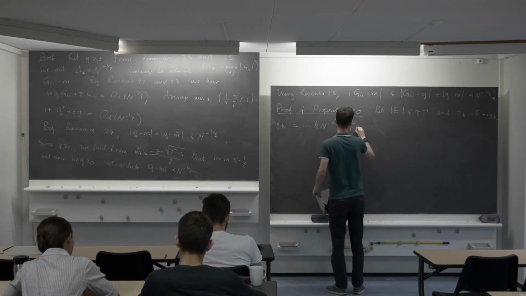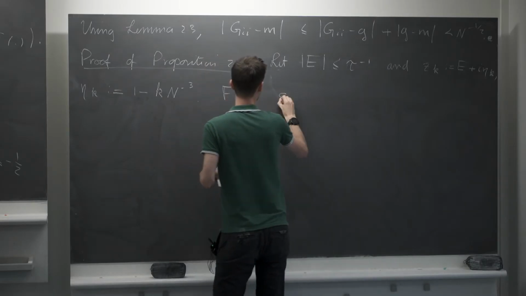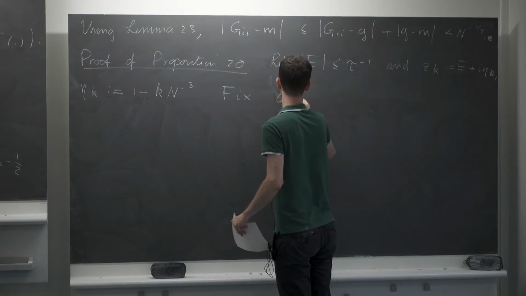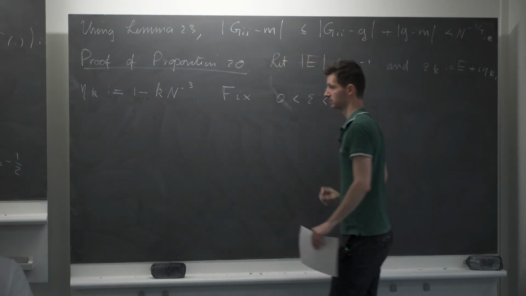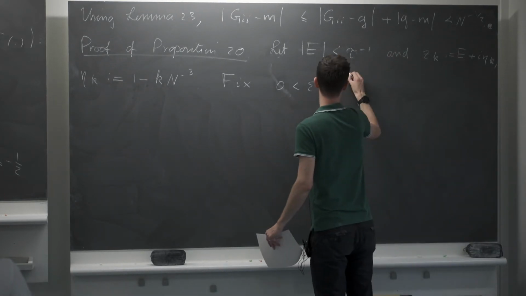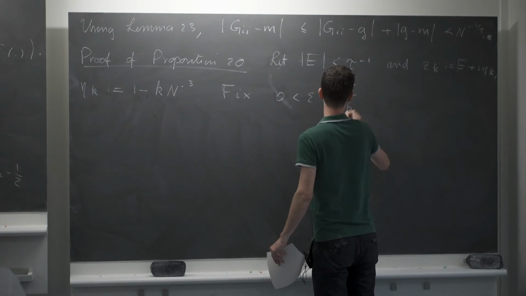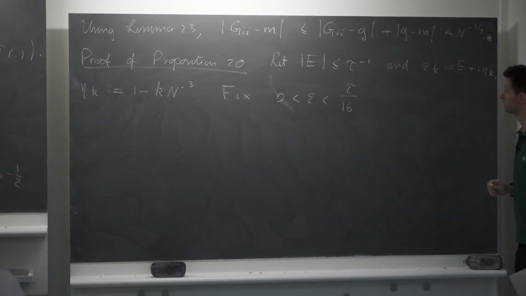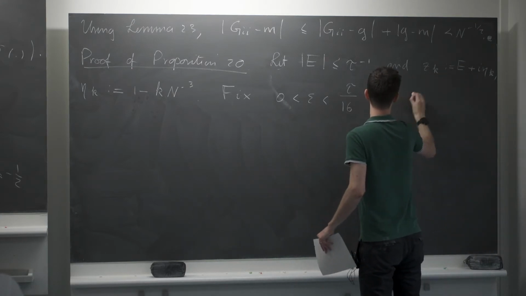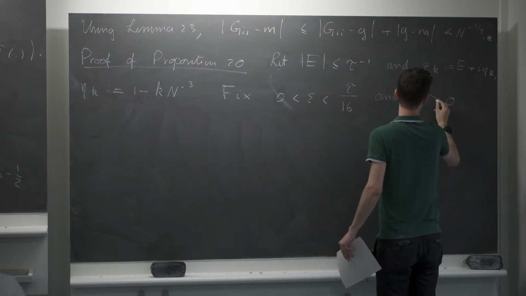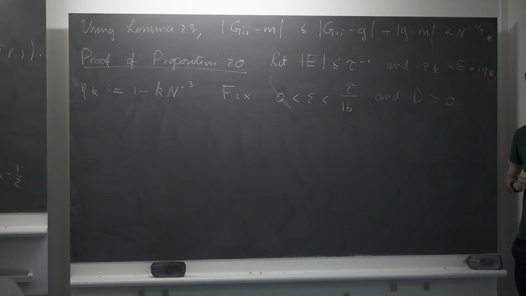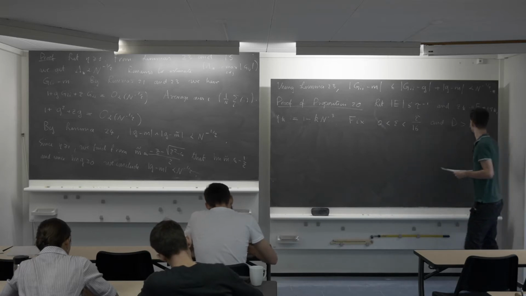So we will fix an epsilon, which is a positive exponent, and we need it to be sufficiently small compared to tau. So in the various steps of the proof, the one number that makes everything work is tau over 16. And I will also fix a d, which is going to be the exponent of n in these error probabilities.